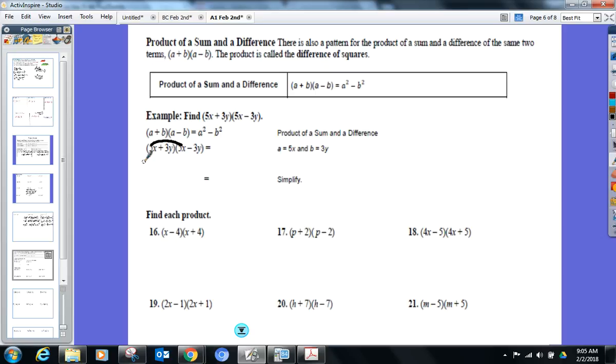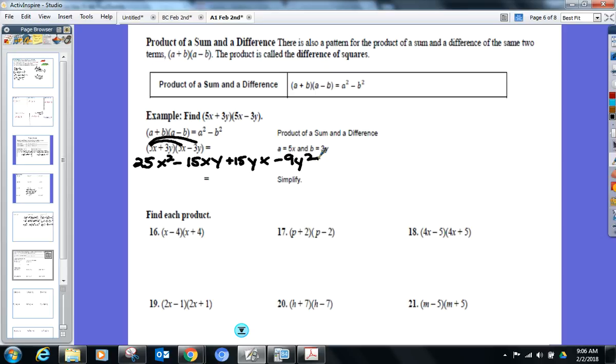5x times 5x is 25x squared. 5x times a negative 3y is negative 15xy. Everybody's good. Time to distribute a 3y now. 3y times 5x is 15yx. 3y times negative 3y is negative 9y squared.